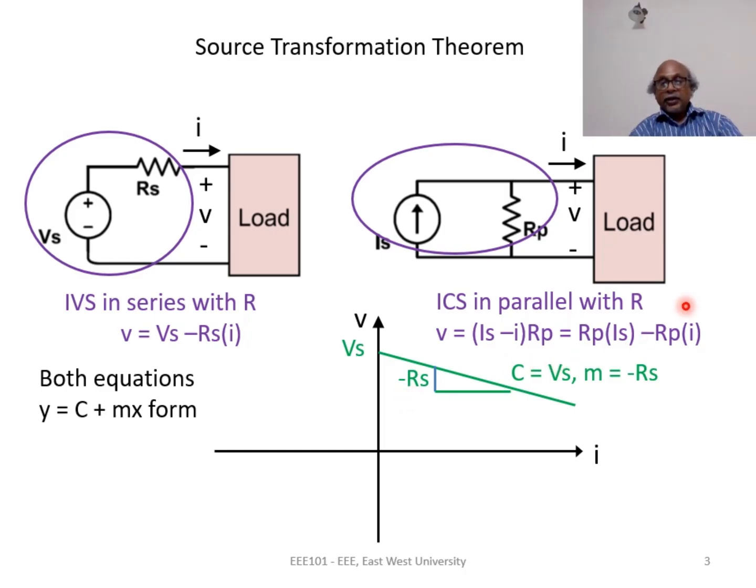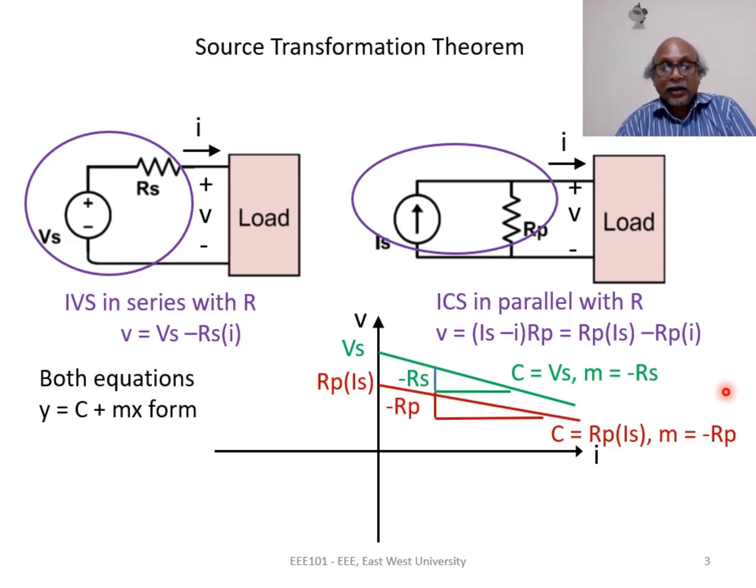Now let us look at the equation for the parallel combination of current source and resistance. In this case, the constant term C is RpIs and the slope is minus Rp. So again, for zero current, V is equal to RpIs, and when the current increases, because of the negative sign, the voltage decreases.